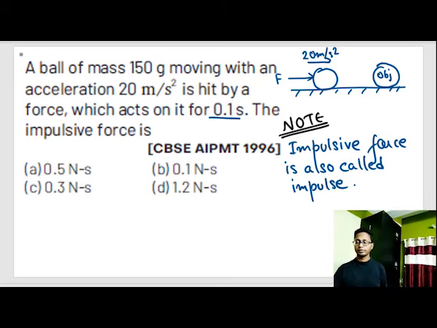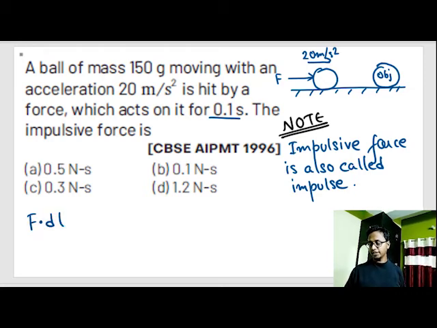From Newton's second law of motion, F dt, which is the impulse, is calculated by the change in momentum, and is equal to impulse. Or impulse can also be called impulsive force.